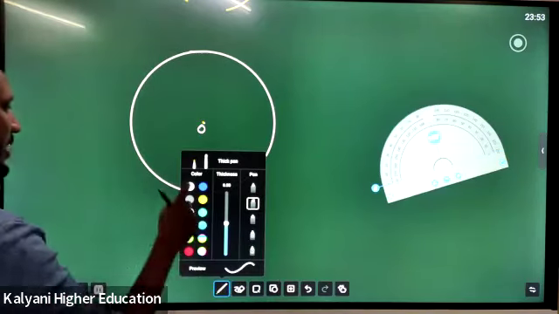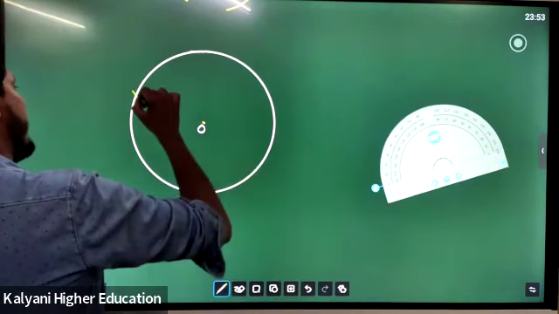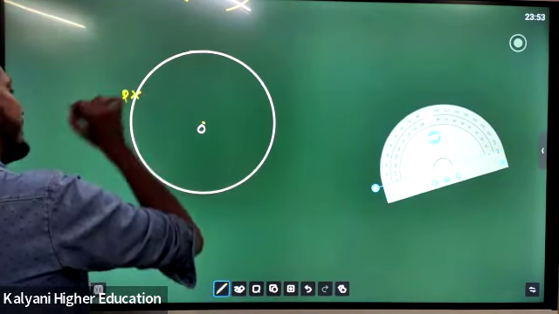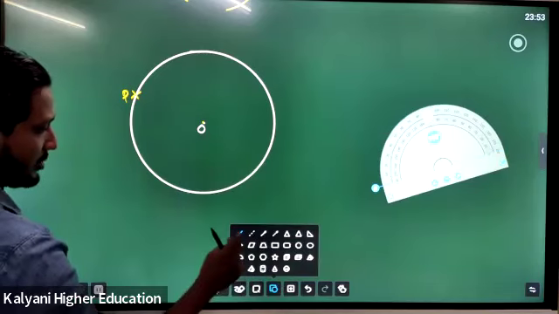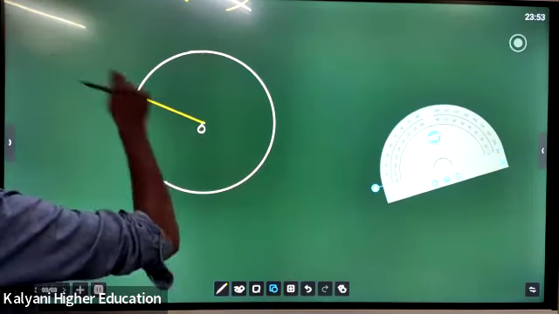Okay, I'll mark down where P is. I'll use yellow color and mark P. And if I mark P, they say join OP. Using a straight line, join OP. This is O. This is P. OP. Next.